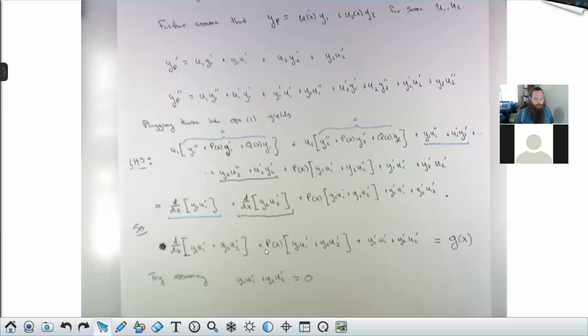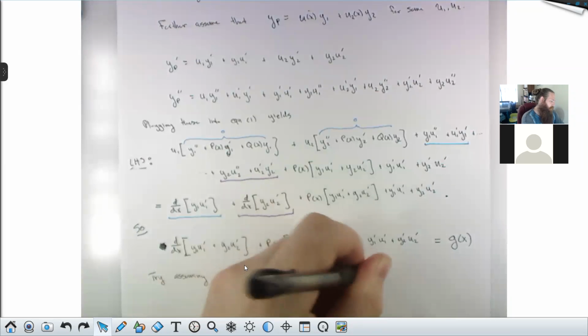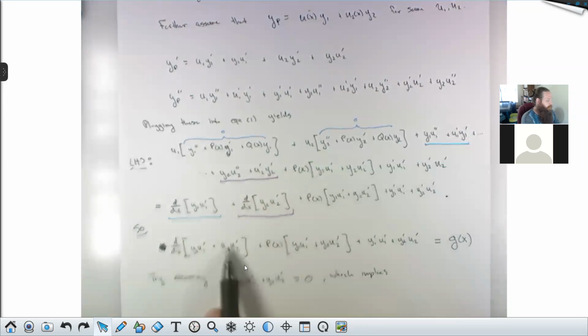The big concern here is that maybe we're missing out on solutions by making this assumption. But linear independence is going to save us from that. We know that if we find two solutions that are linearly independent, those are all the solutions. So we're free to play with assumptions like this and just see what happens. If we do that, that means these first two terms are 0.